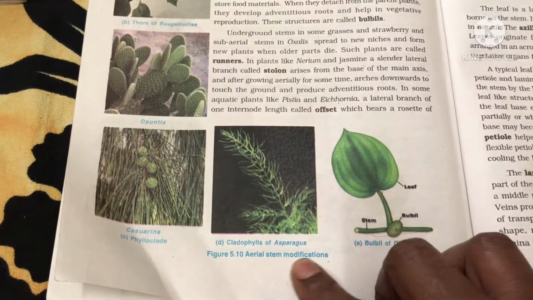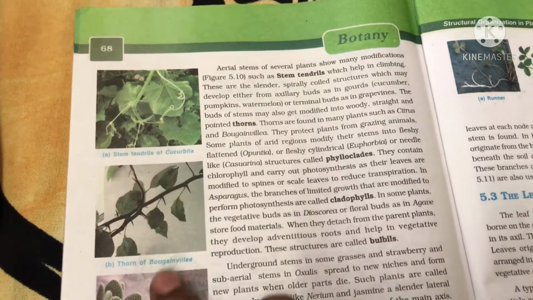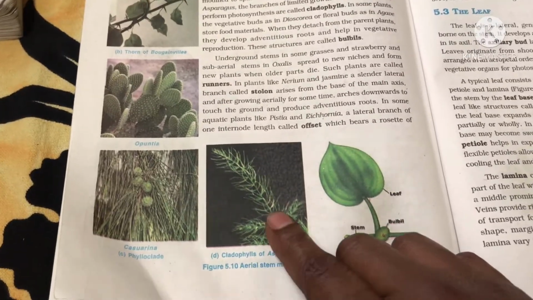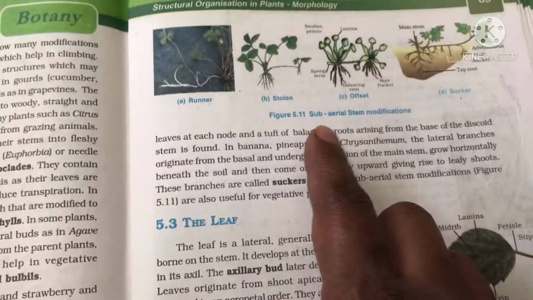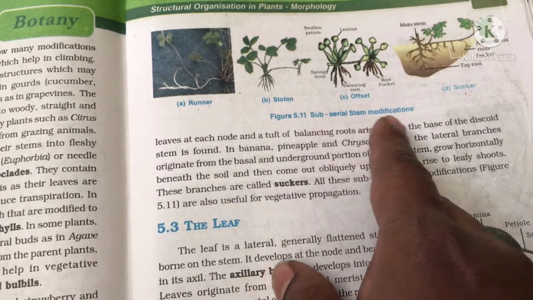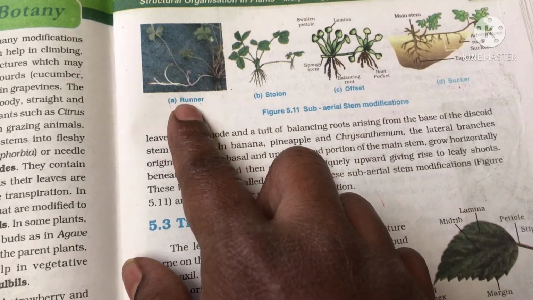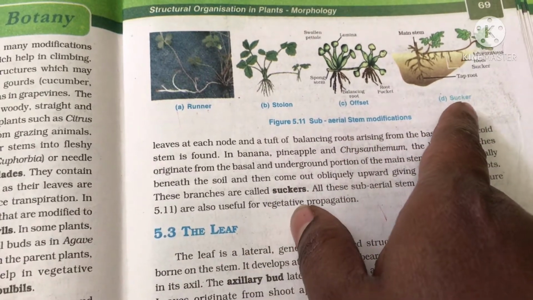Then the second, aerial stem modifications: tendrils, thorns, phylloclades, cladodes and bulbil. Then the third one is subaerial stem modification. Here there are four types: runner, stolon, offset and sucker.